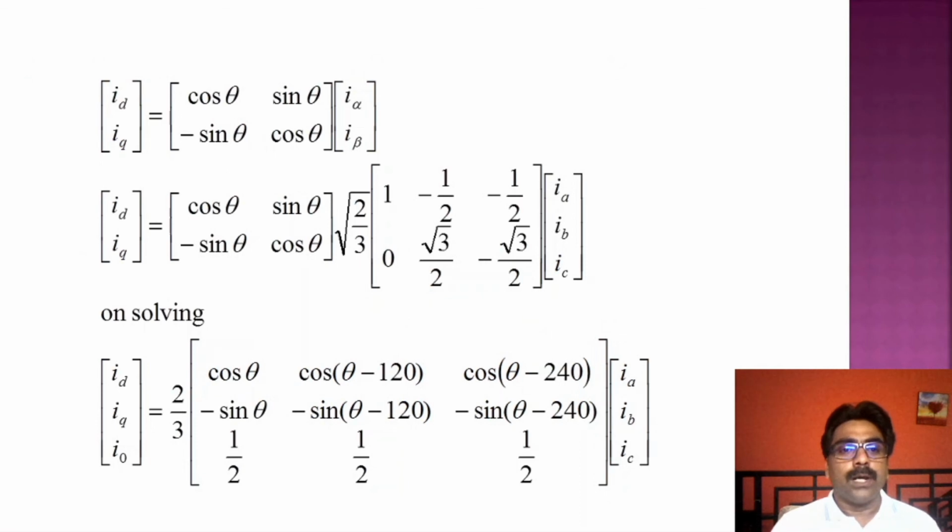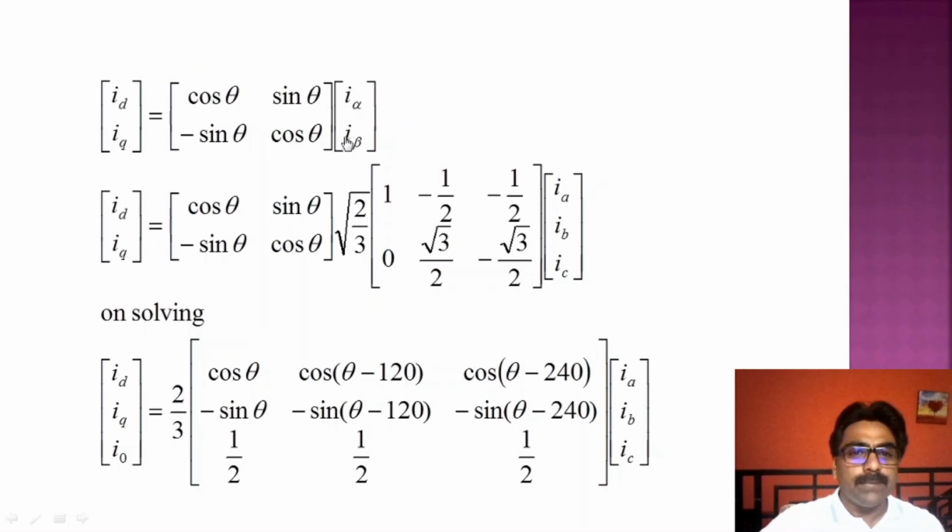So we have seen the ABC to alpha beta conversion and from alpha beta to DQ conversion also. We have written here, if you have a look at the first set, the matrix ID IQ with respect to I alpha I beta.